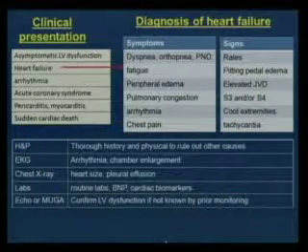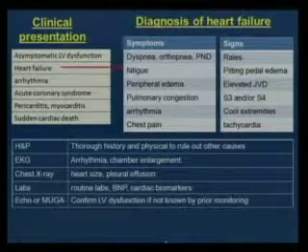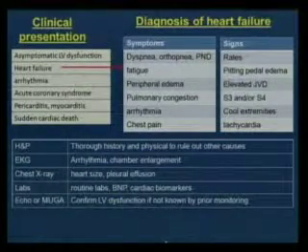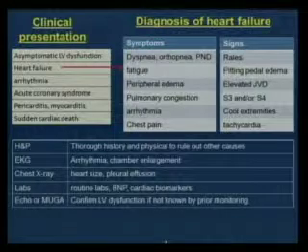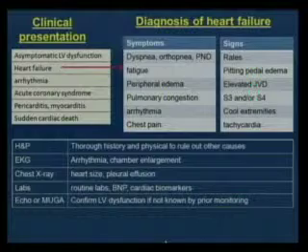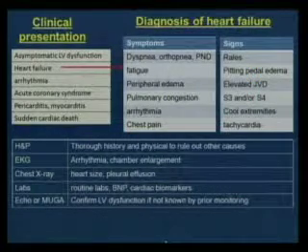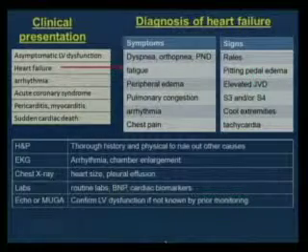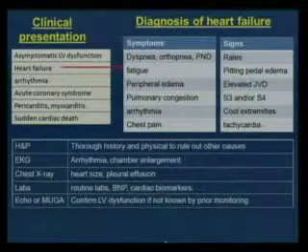So how do they present? If they do develop heart failure, from damage they go to an asymptomatic phase, and from the asymptomatic phase they go into clinical heart failure. So if they develop clinical heart failure, what are you going to expect? I'm not going to go into detail because we know very well how heart failure patients present. They may have symptoms of shortness of breath or fatigue.